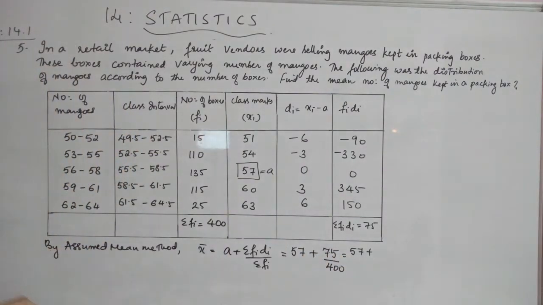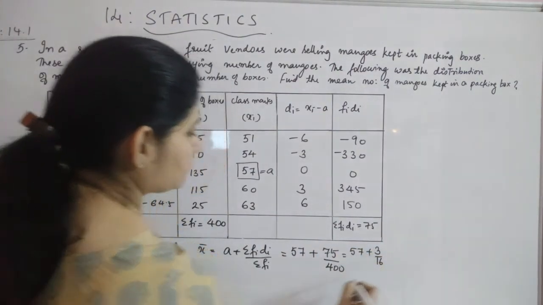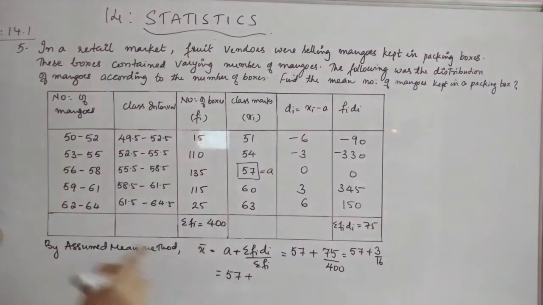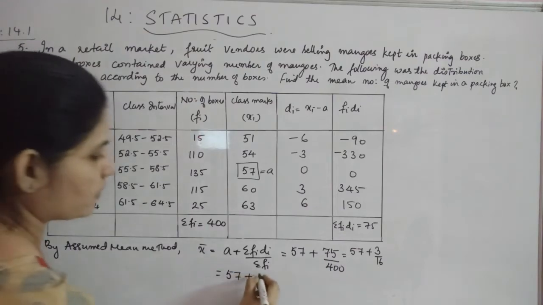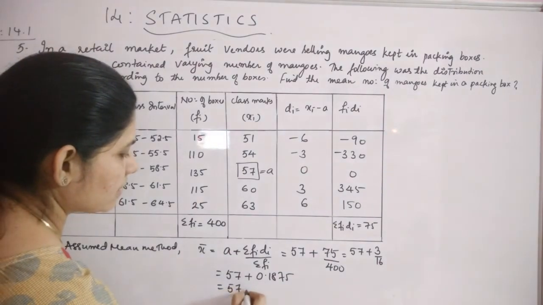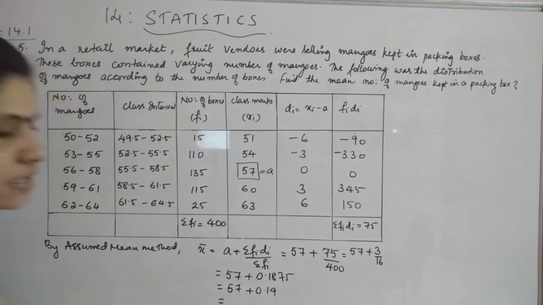Dividing with 25 you will get 3 by 16, and again that will give you 57 plus 3 by 16, which is 0.1875. Okay, 0.1875 can be approximated as 0.19, so that x bar is how much?